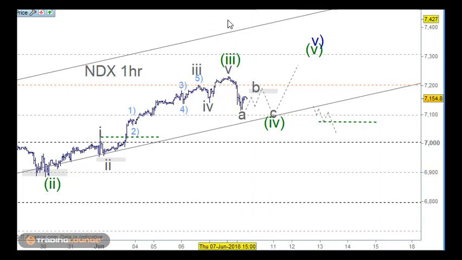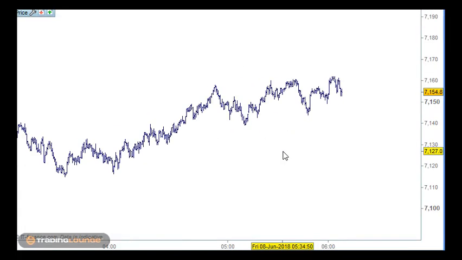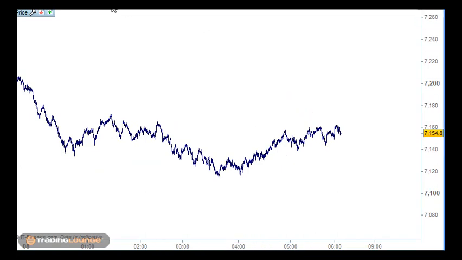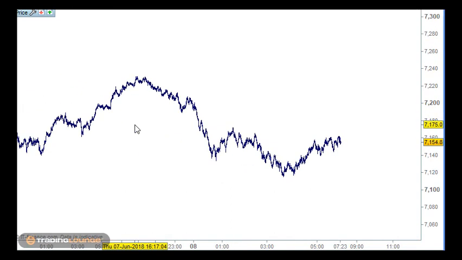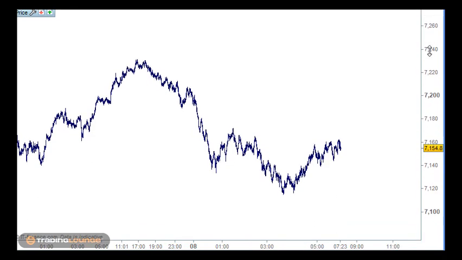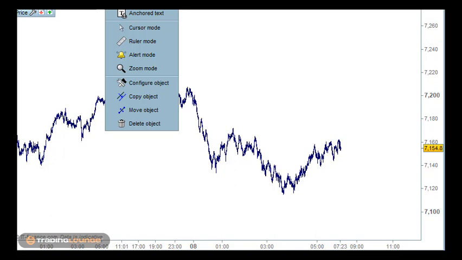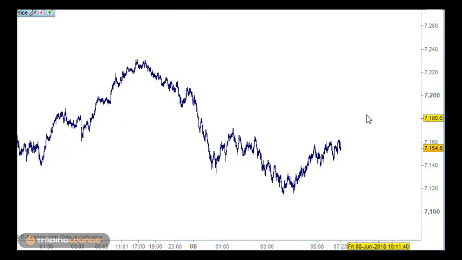I'll just check on that. I don't know if I've updated that. Yeah, so we can see here that we've got wave 1 here, wave 2 here, wave 3 here, wave 4 here, and wave 5. So we do have a resistance there, and the 50-60% retracement level would be somewhere in here, I'd imagine.